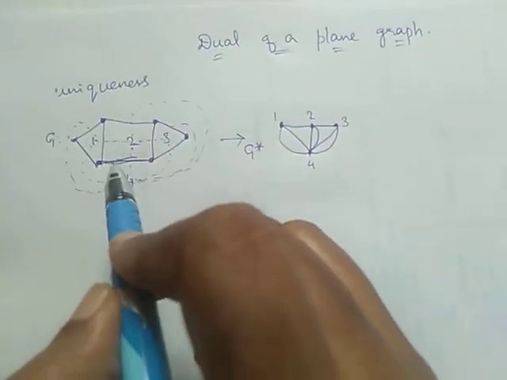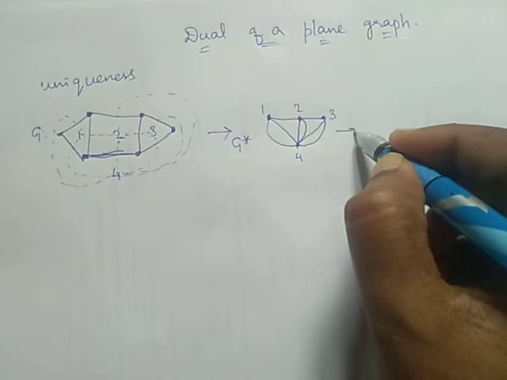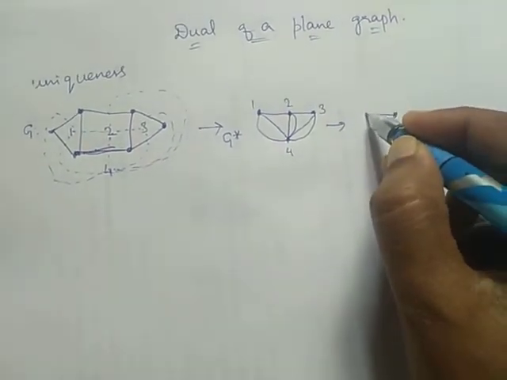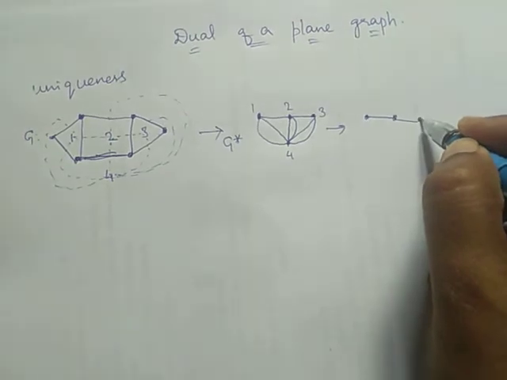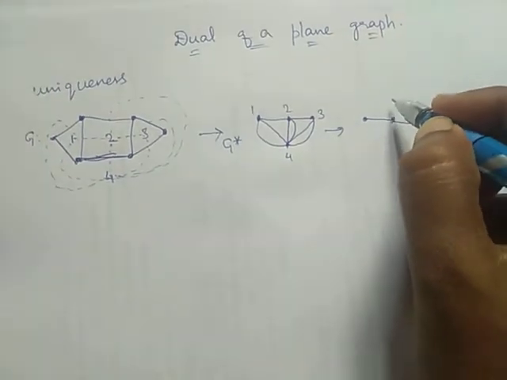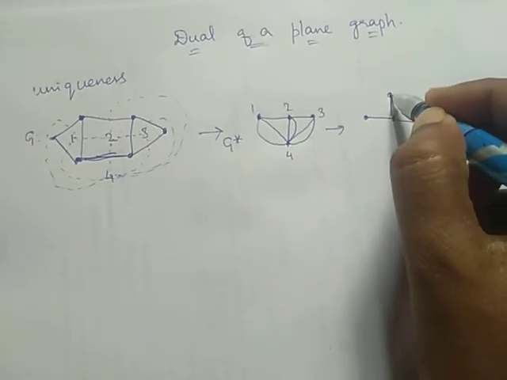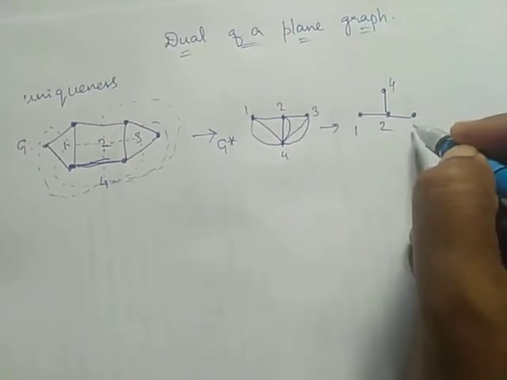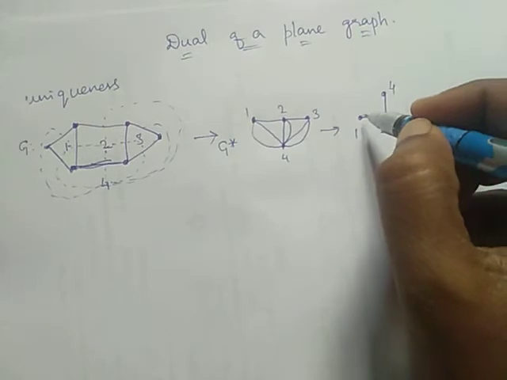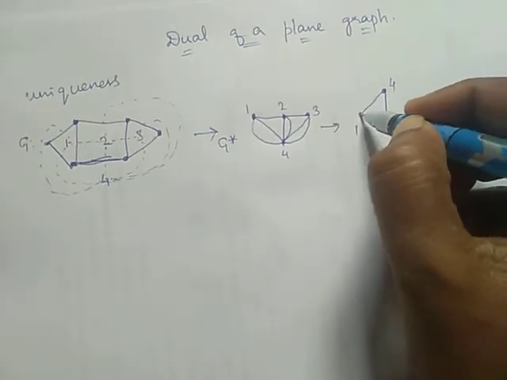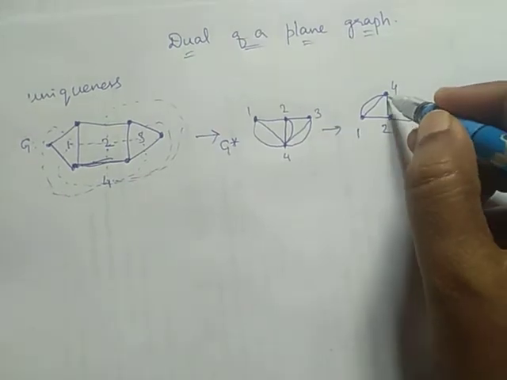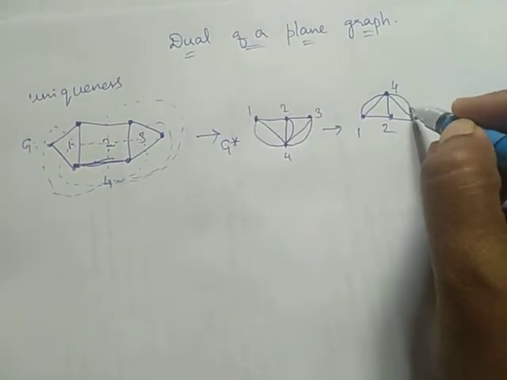The same graph we can write as 3, and I'll take 4 here. 1, 2, 3. 1 is connected to 4. 3 is connected to 4 using 2 edges.